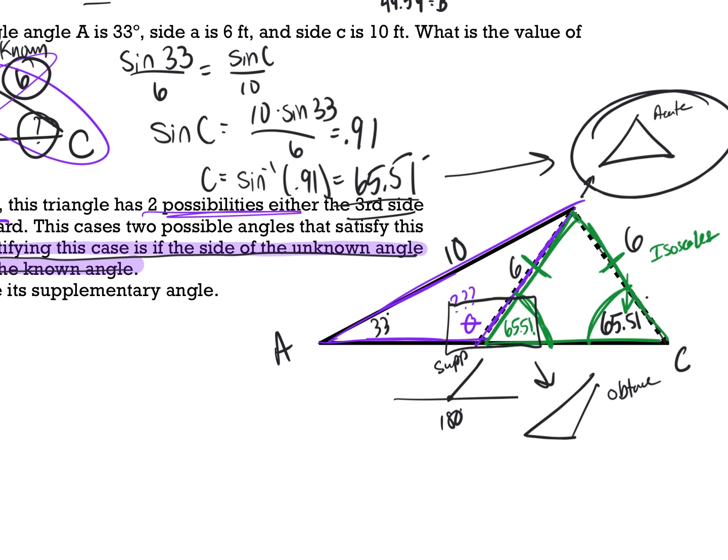Find the angle, and then the ambiguous angle will always be 180 minus the solved angle. So 180 minus 65.51 gets me 114.49 degrees.